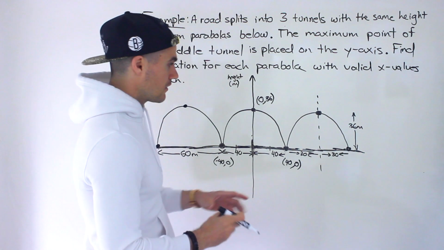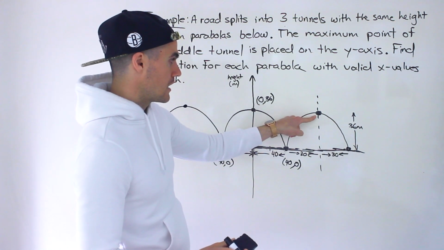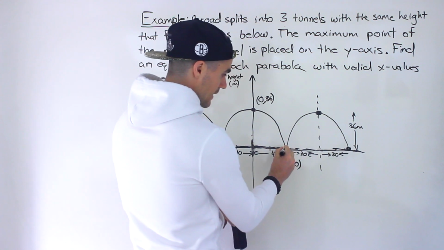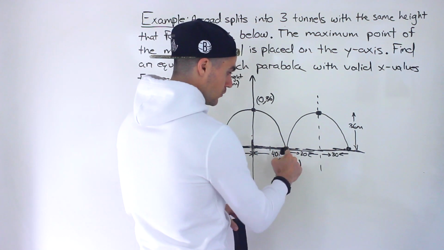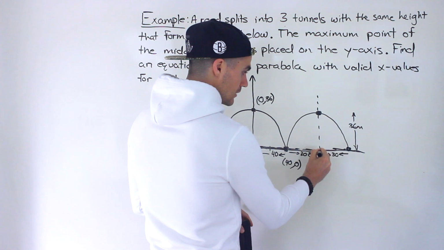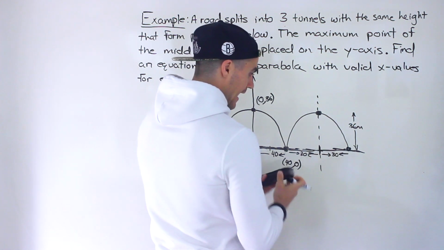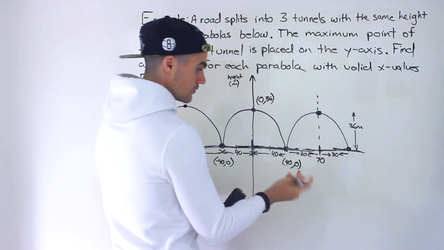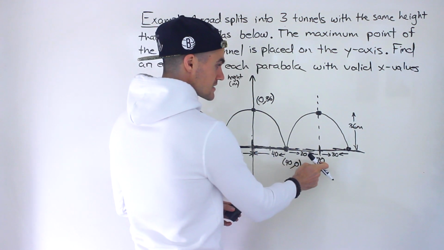So from there, that's enough information to get the coordinate of this point over here, because notice that if this point is an x value of 40, well, if we add 30, then we know that this here is going to have an x value of what? It's going to have an x value of 70, right? 40 plus 30 gives us 70.